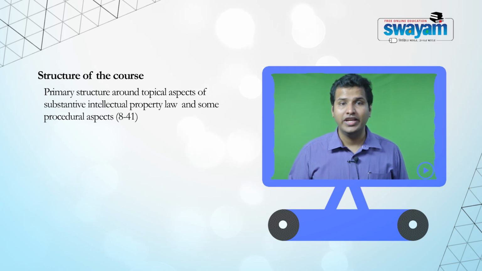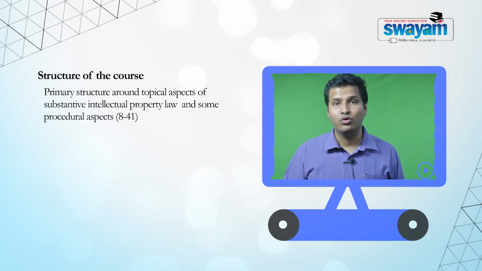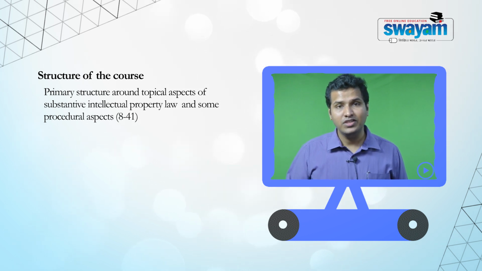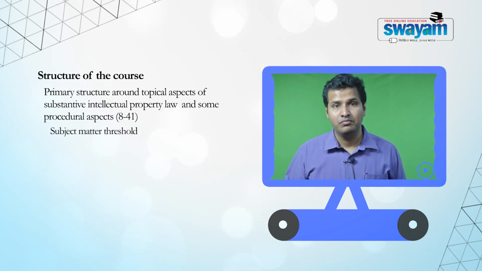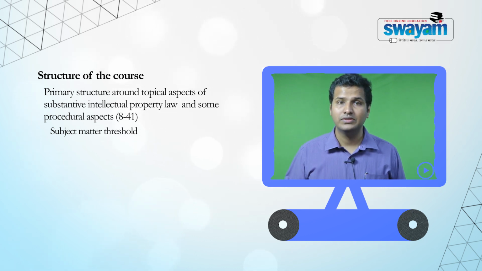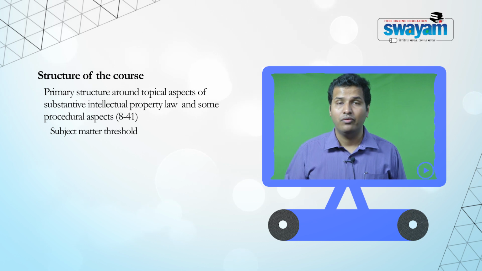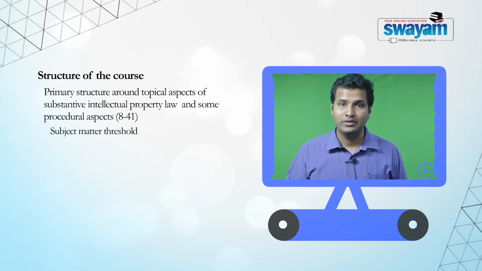Furthermore, module 8 to 41 will discuss the core of intellectual property rights, both in terms of its substantive and procedural content. In these modules, you will discuss the subject matter threshold distinctly involving patents, copyrights, trademarks, geographical indications, industrial designs and all other forms of intellectual property rights, and what kind of subject matter they protect and why they are different.